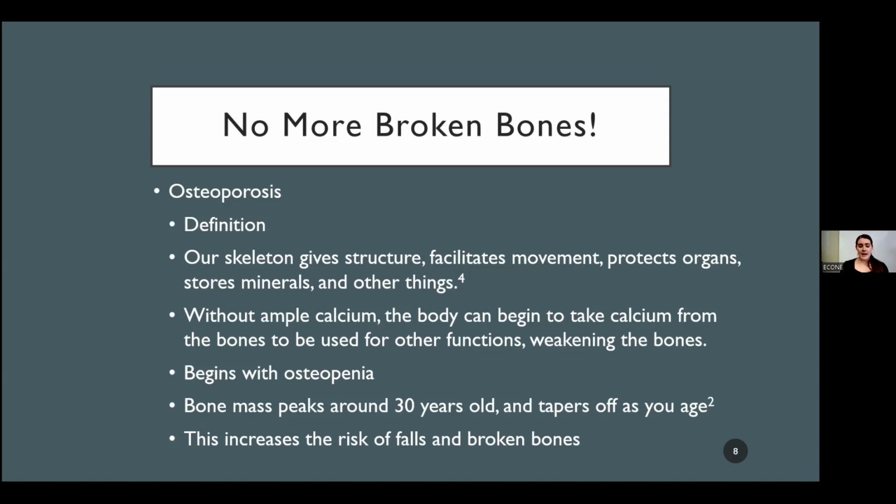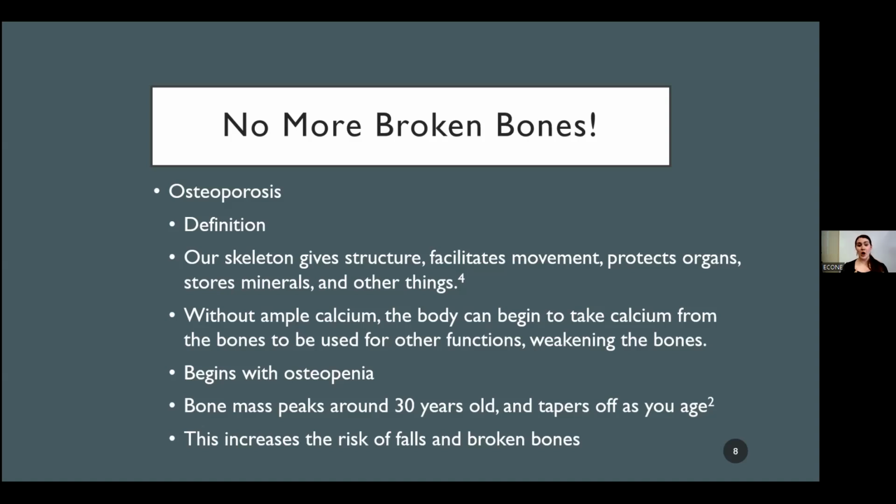So this cascade of events that leads to osteoporosis usually begins with something called osteopenia, which is kind of the first steps in those bones becoming weak and brittle, and then further progressing to a possible diagnosis of osteoporosis.